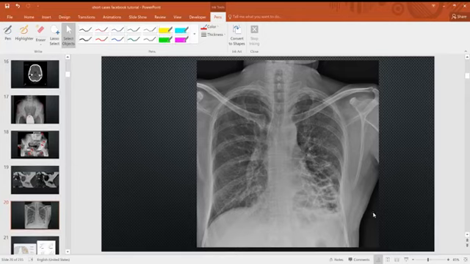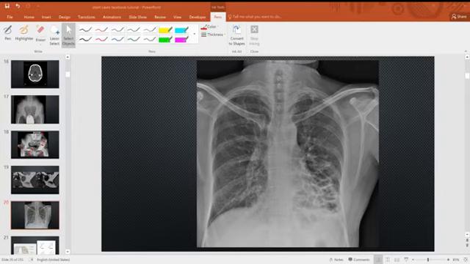Okay, this case, this patient with a productive cough, and what you see here, take 10 to 20 seconds for the diagnosis. What you see in this chest X-ray?